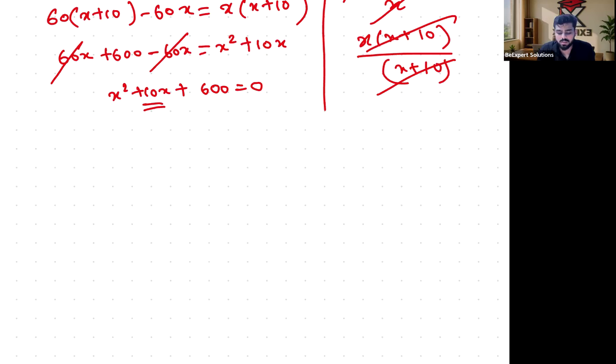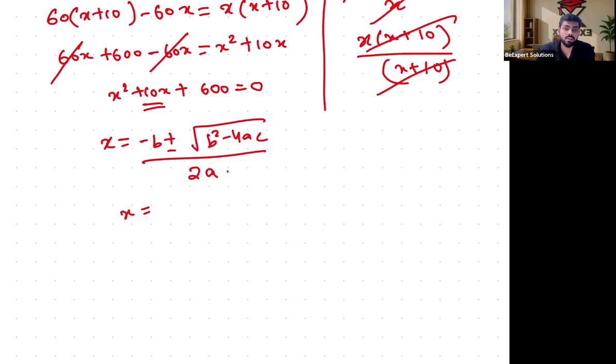What is the quadratic formula? x is equal to minus b plus minus square root of b square minus 4ac, divided by 2a. You can apply the values here and figure it out. You apply the quadratic formula and you get the answer very easily.